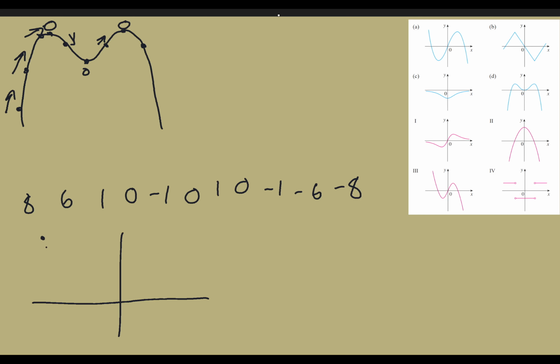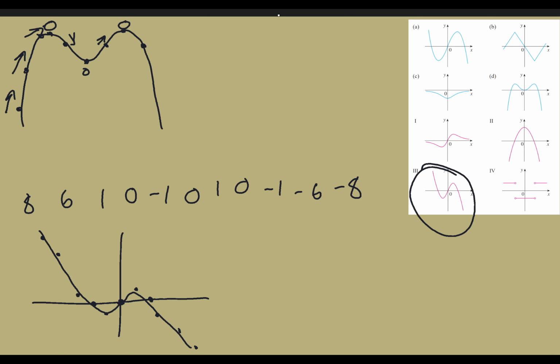It's at like 8, 6, 1, 0, negative 1, 0, 1, 0, negative 1, negative 6, negative 8. I didn't do a very good job there, but something like that.